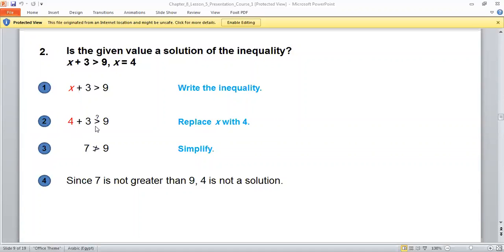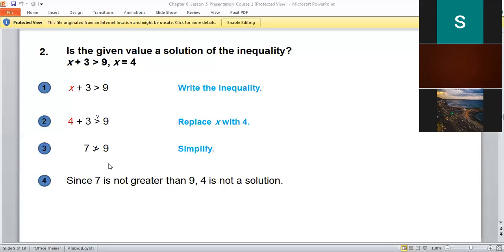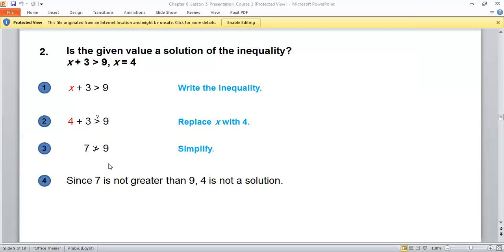So I have here 4 plus 3. 4 plus 3 equals 7. So, is 7 greater than 9? No. So this statement is wrong, and 4 will not be a solution for this inequality.